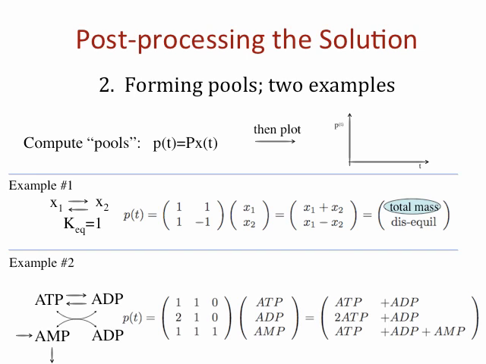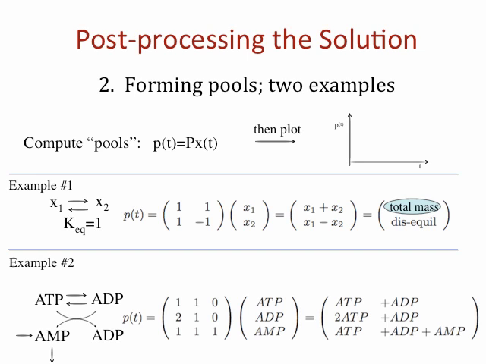The pooling matrix in this case is going to be a 3x3 matrix because we have 3 concentrations. Let me start with the last row of the pooling matrix. If I put into the last row 1, 1, and 1, I will get the sum of ATP plus ADP plus AMP when I take the inner product of that row and the concentration vector.